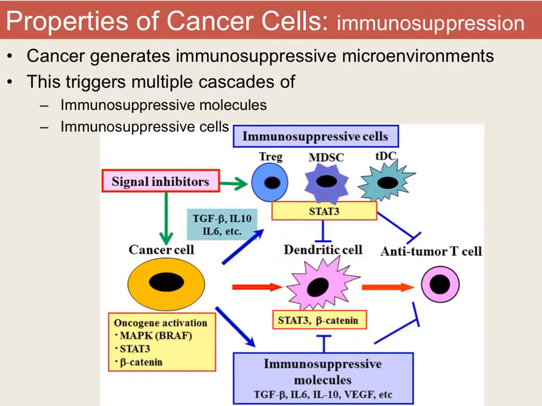Now there's another thing. We talked about tumor suppressors, of course. One of their functions is to stop cancer from happening. Well, tumor suppressor genes are all part of the immune system.